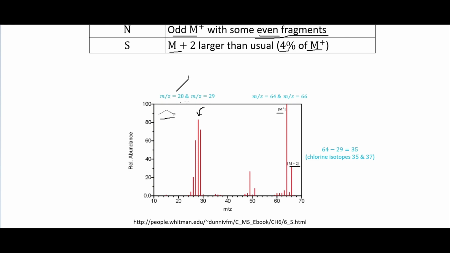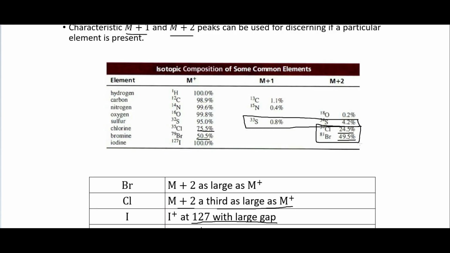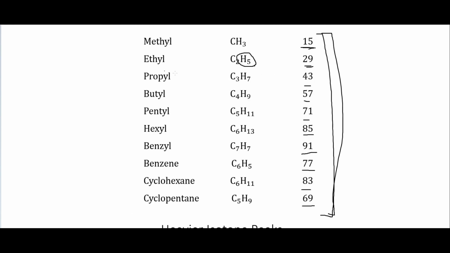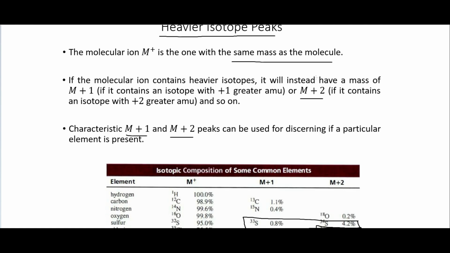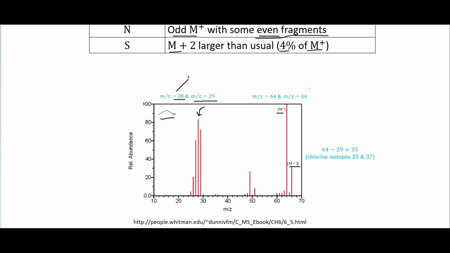So we see these peaks around m/z of 29 and 28. Remember the 29 here is our ethyl group, and we see that after the chlorine has broken off. But our molecular ion peak, where we still have the chlorine attached, will have these two different peaks because we are breaking off just a single electron. And so this will have the chlorines of the two different isotopes.